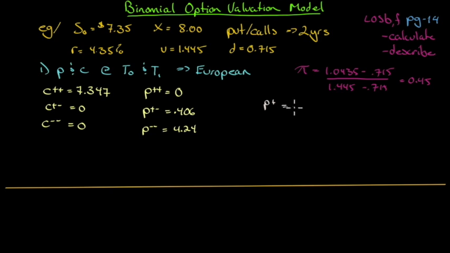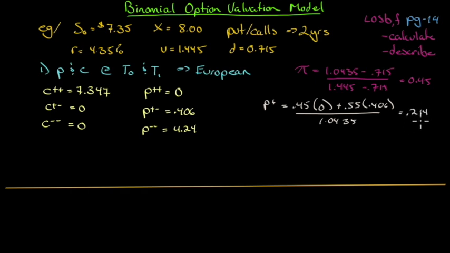So P plus is going to be 0.45 times P plus plus, which is 0, plus 0.55 times P plus minus, 0.406, and we're going to discount that back 1.0435. We'll get 0.214.